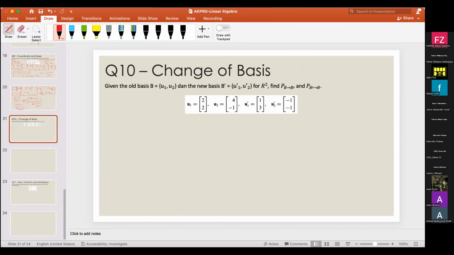So next, this is the change of basis. Let's say we have these two bases. We need to find this matrix, which is the transition matrix from the old basis to the new basis.